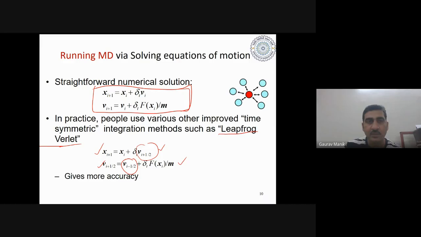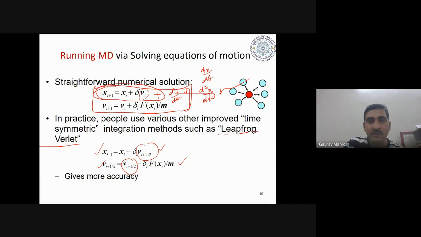Now, what is also important to understand here is the Taylor series expansion, and the v is nothing but dx by dt. The Taylor series expansion might have some more terms like d square x by dt square. It may have more terms, like d cube x by dt cube and so on and so forth.